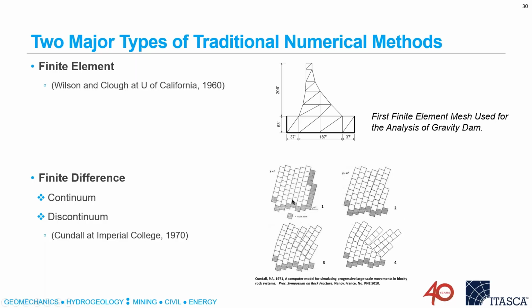The finite elements were developed in the early 1960s at the University of California. And I didn't find an example of a slope stability model, but I did find this example of a dam. It's a two-dimensional analysis of a dam.